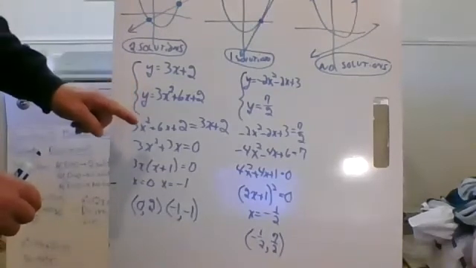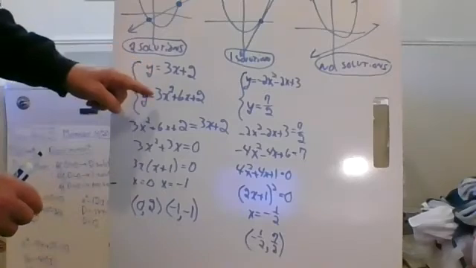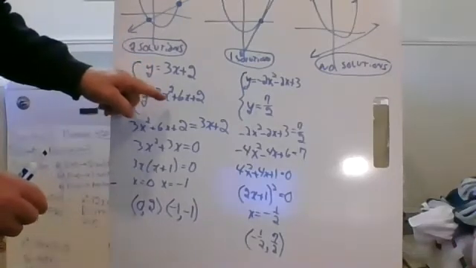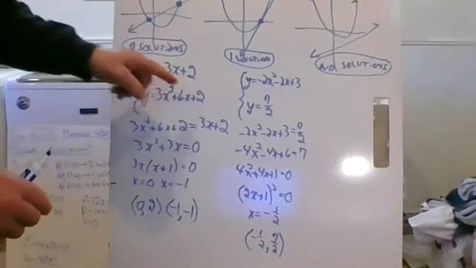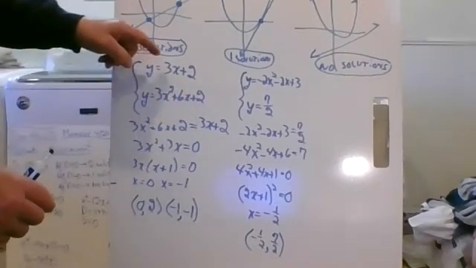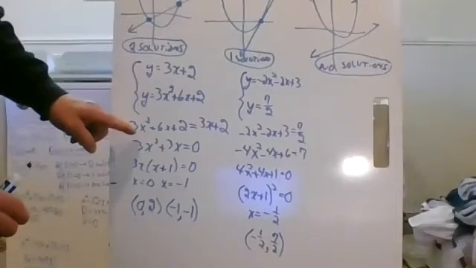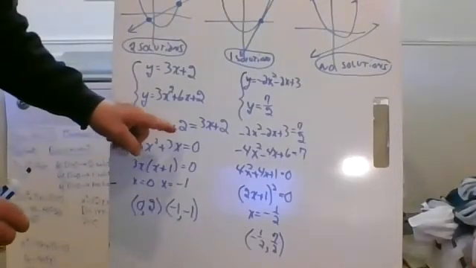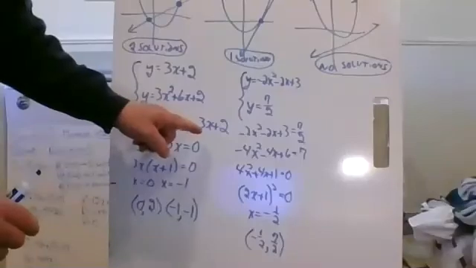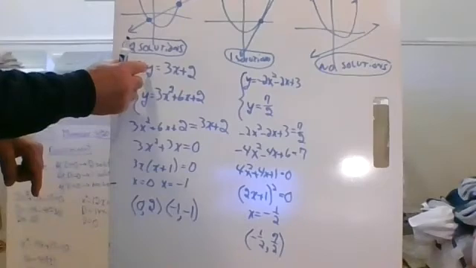So what I'm going to do is substitute this y, 3x squared plus 6x plus 2. So that's going to end up equaling 3x plus 2. And so you get this equation, 3x squared plus 6x plus 2 equals 3x plus 2. Just substitute this for y.